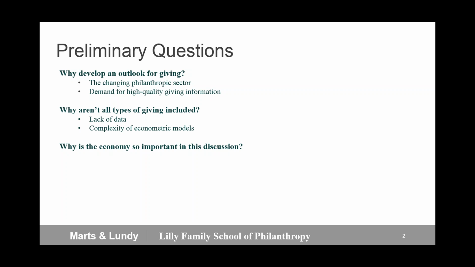In other words, the results you'll see today are based on econometric models, and those typically require decades of data to be accurate. Unfortunately, for many subsectors, we just don't have that complex information available. So one of the key issues as we're talking today is that you're going to learn a bit about the methodology that the Outlook is based on and how this information can be used.